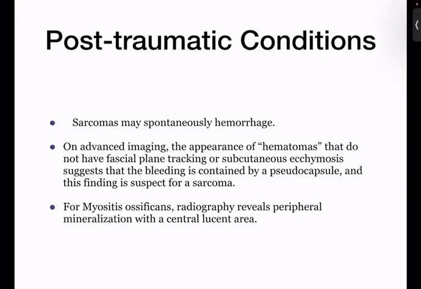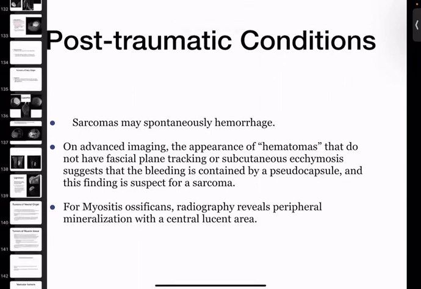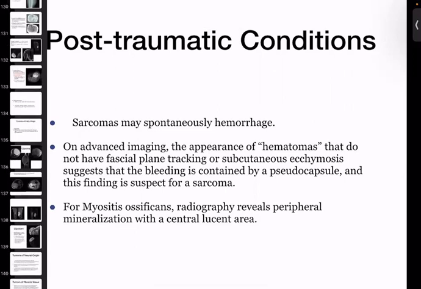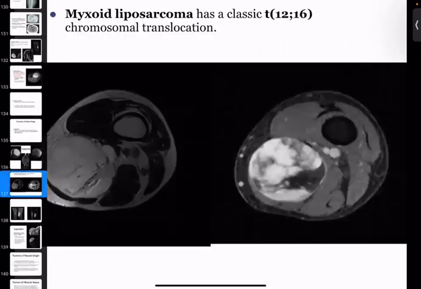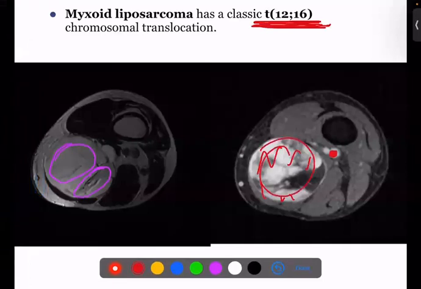Okay, post traumatic conditions, why did they put them? Now we say sarcoma may spontaneously hemorrhage. Okay, sarcomas can hemorrhage, meaning let's come to this slide. What is this? This is a lipoma, this is a myxoid liposarcoma. Sarcomas can sometimes hemorrhage within the pseudocapsule, meaning we have hemorrhaging here inside this place. You find that sometimes the thigh may swell post biopsy or post trauma. The patient can have swelling or hemorrhaging inside a tumor.